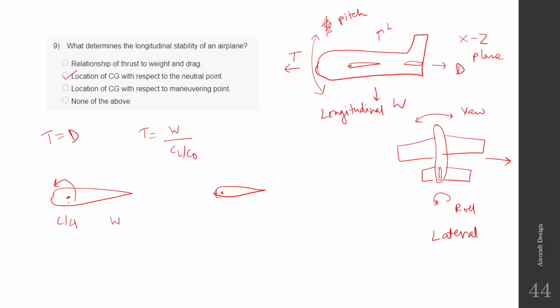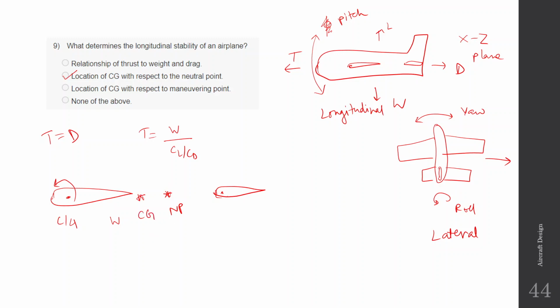The neutral point is like the average. So in this case, because of these two surfaces, your neutral point might be over here, in an averaged position. The location of CG with respect to this neutral point is important, and your CG has to be in front of the neutral point.